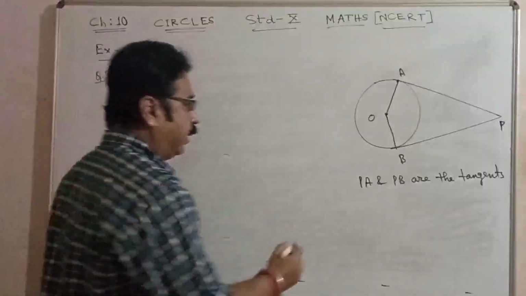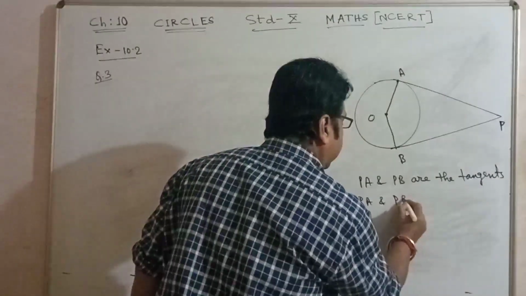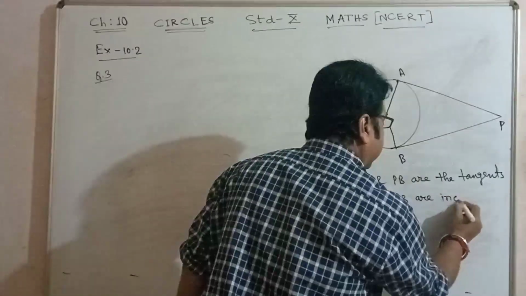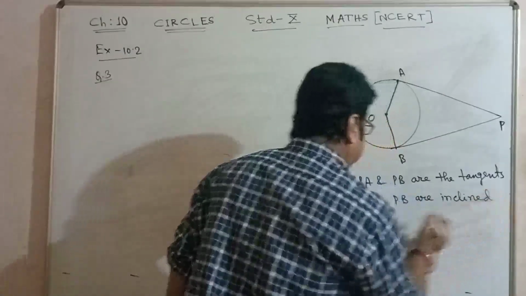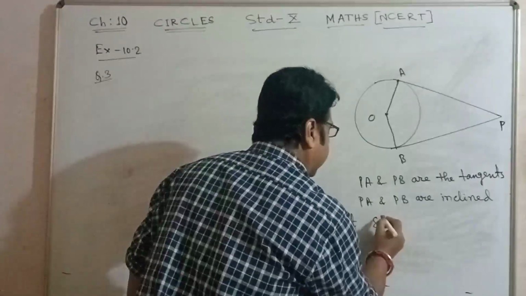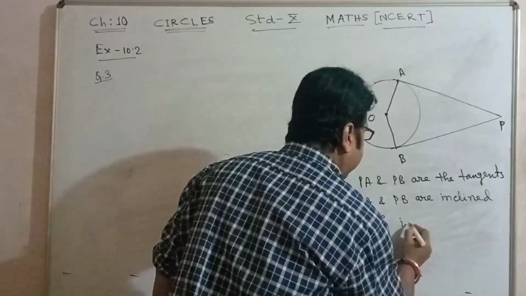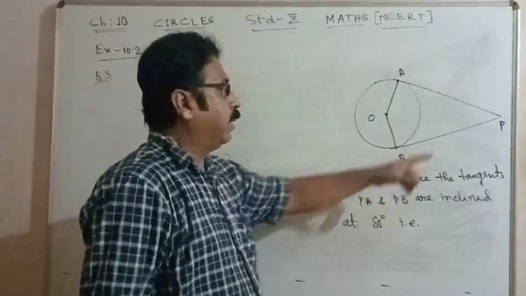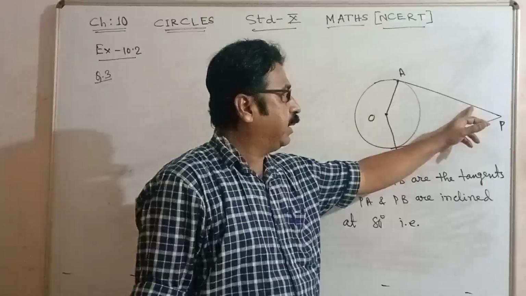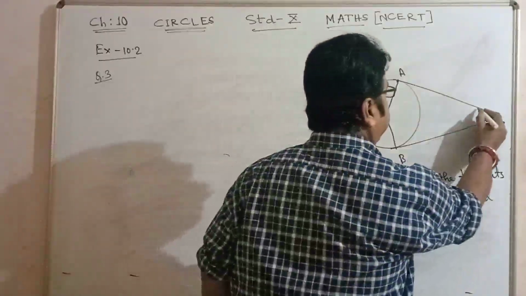PA and PB are inclined at 80 degree. It is also given that this is PA, this is PB. They are inclined at an angle of 80 degree. This is given 80 degree.